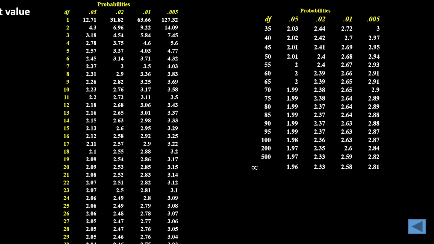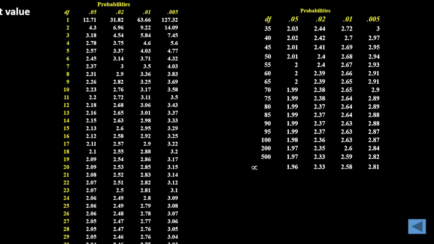In such cases we have to see the nearest value of our df. So our df is 37 and here df 35 and 40 are given. Out of these two, the nearest value is 35, so we have to see 35. Now we have decided our df, that is 35.